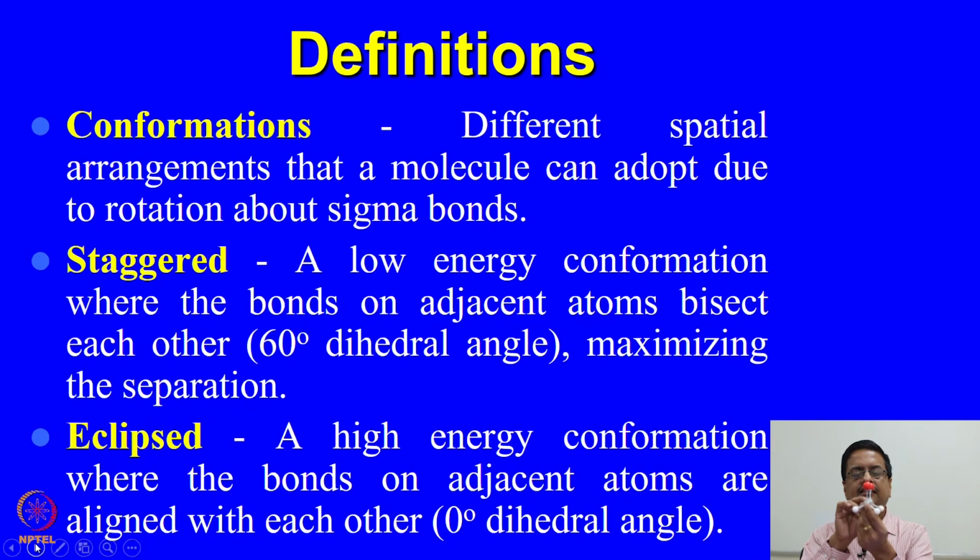When you rotate the back carbon by 60 degrees, the distance between the two bromine atoms increases. As a result, the steric hindrance between the two bromine atoms is reduced. So, this particular staggered conformation has a lower energy compared to the original fully eclipsed conformation.